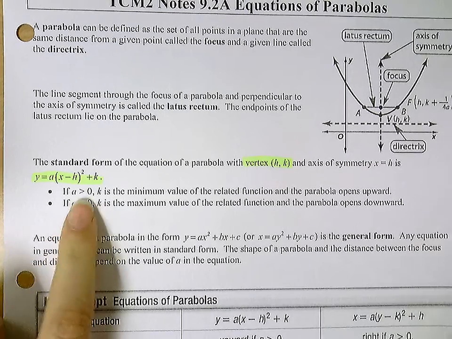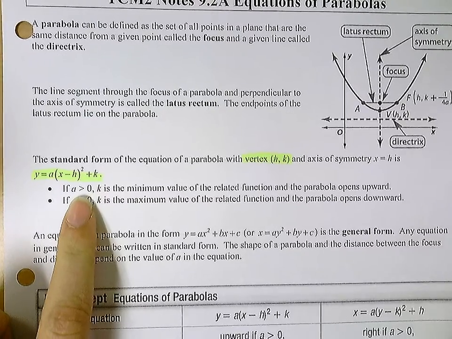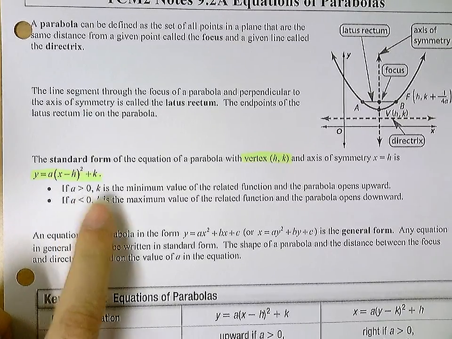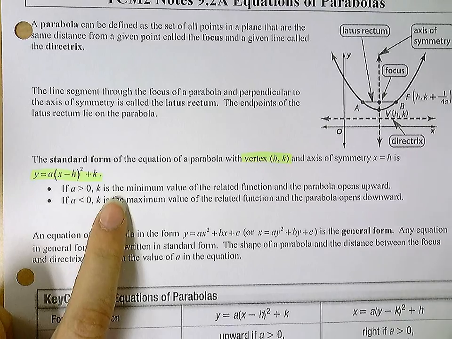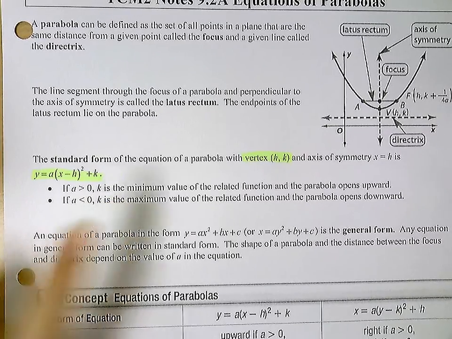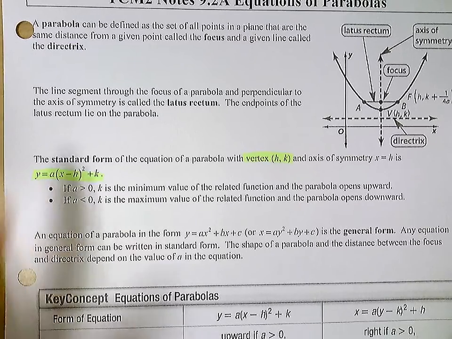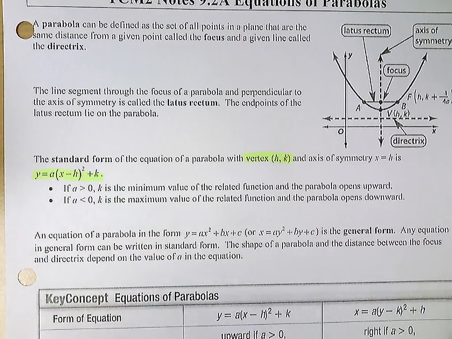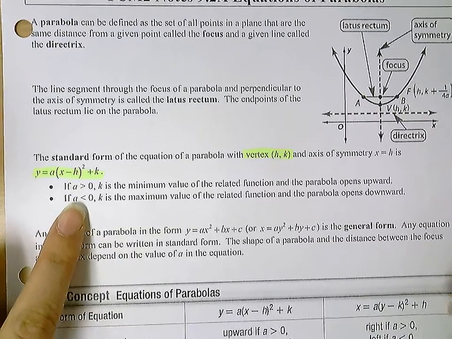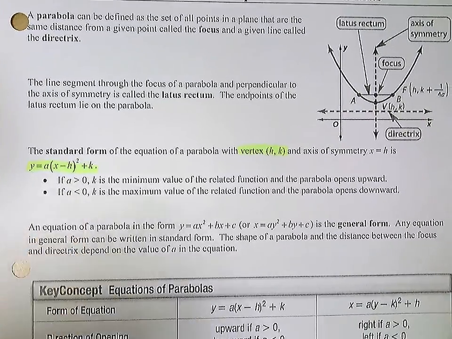Now, if a is greater than 0, so a is positive, k is the minimum value of the related function, and the parabola opens up. So if that a value out front is a positive number, your parabola opens up. If a is less than 0, so it's negative, your parabola will open down.